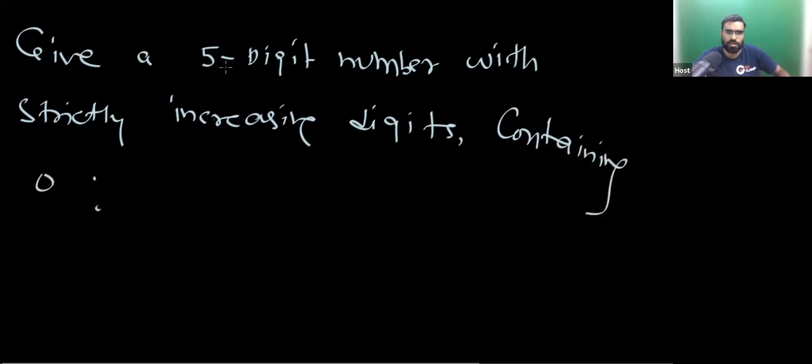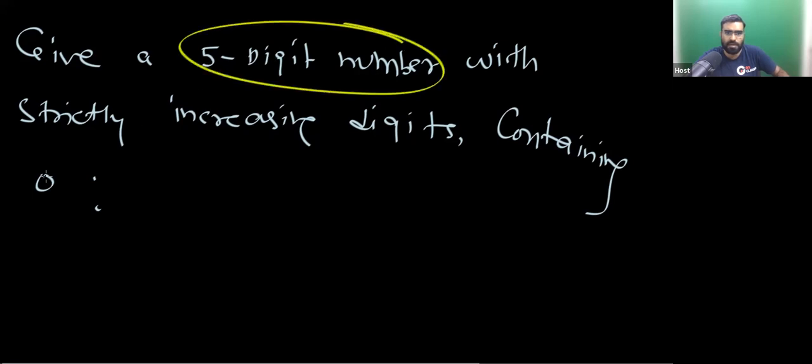Just think about it. Can you create a 5-digit number, you must create a 5-digit number, with strictly increasing digits, can it contain 0?